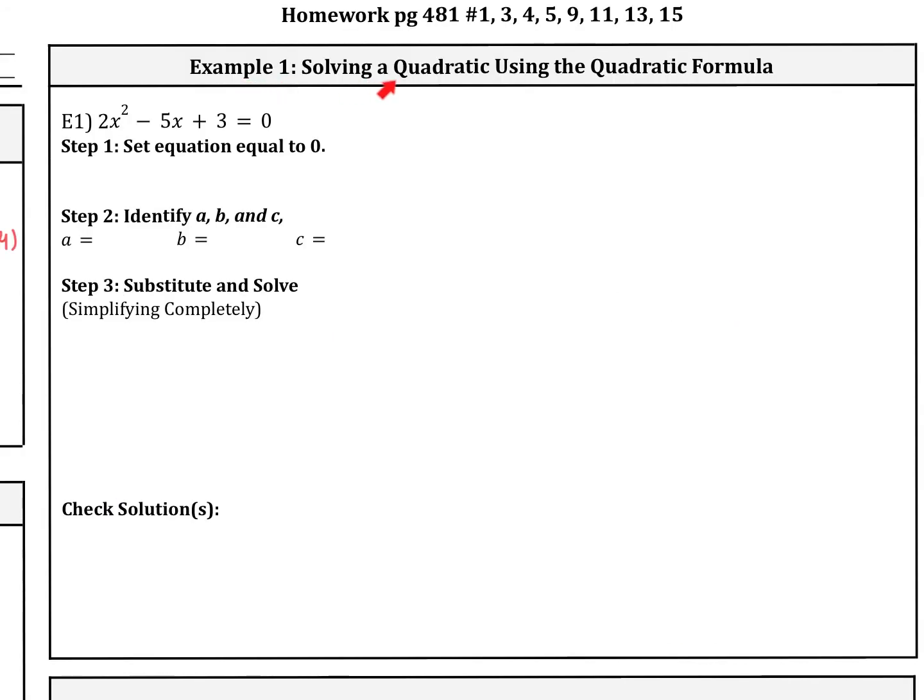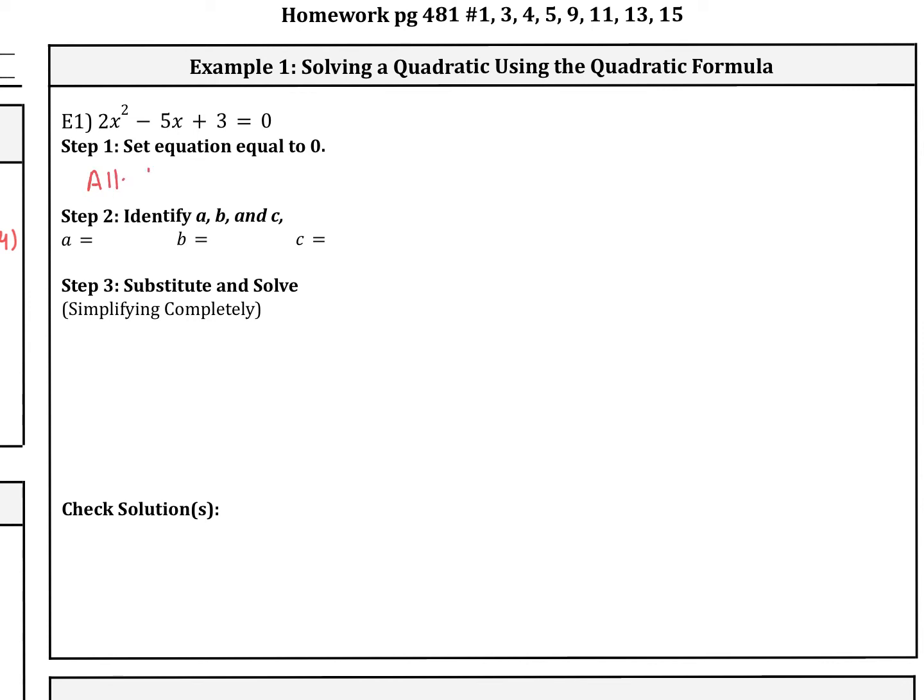Example number 1, solving a quadratic equation using the quadratic formula. Step number 1, if this is written in function form, then put that equal to 0. But in this case, the equation is already in equation form, with equal to 0 already there. All you have to do is step number 2.